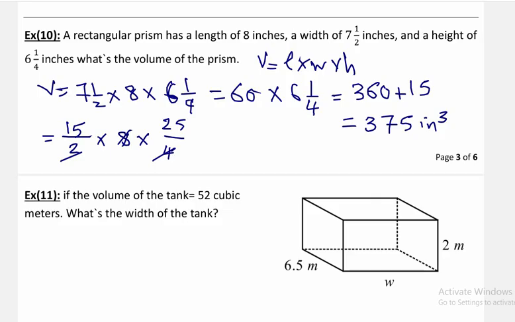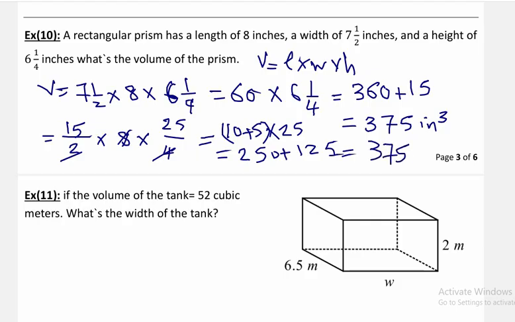So the 8 above cancels the 8 below. So you have 15 times 25, which is 10 plus 5 times 25. 10 times 25 is 250. 5 times 25 is 125. Just to make simple calculation, you will get 375 inches.